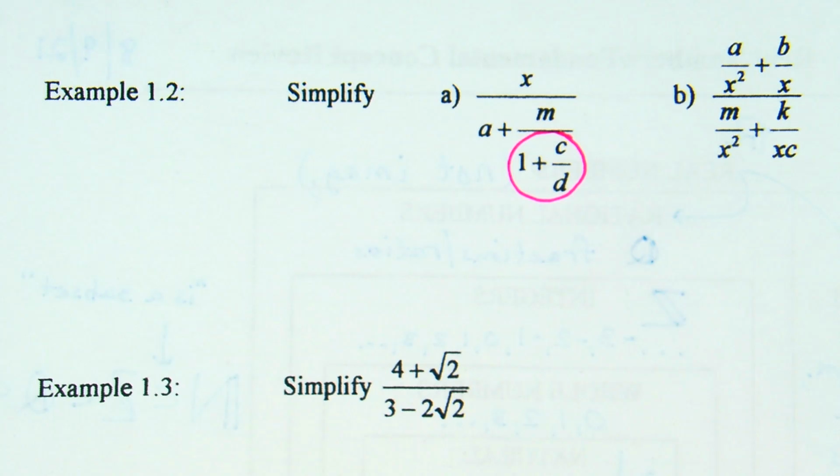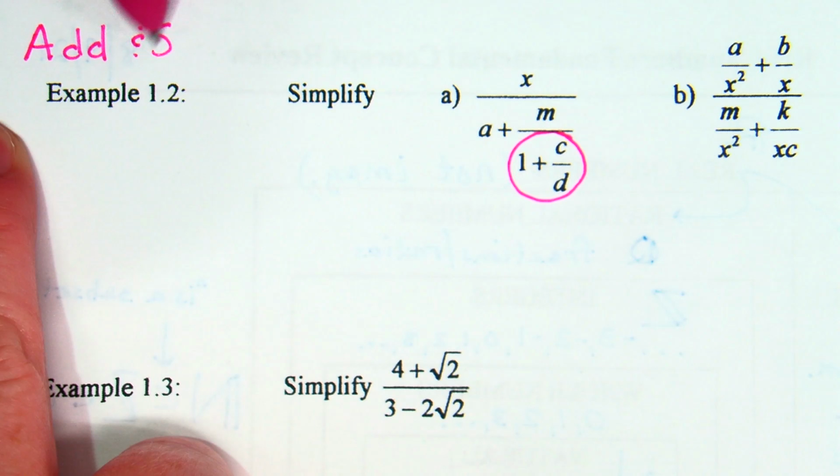Can you add 1 plus C over D and then simplify it? Because we're going to keep doing that process of add and simplify over and over is what I'm going to keep taking you through. So that's what we're starting with right here. We're going to add and simplify.